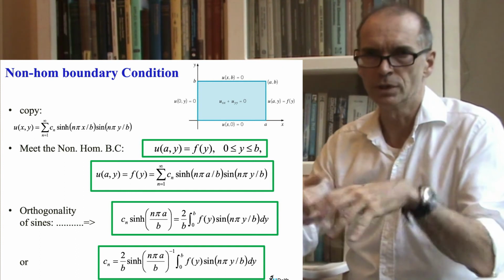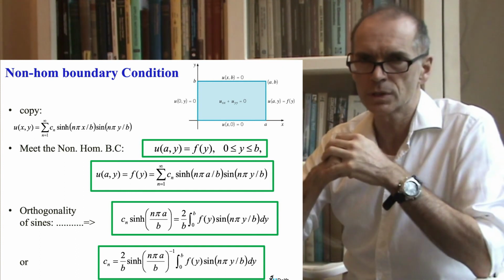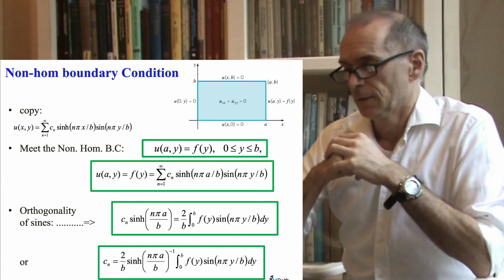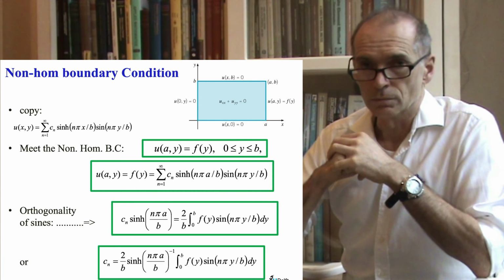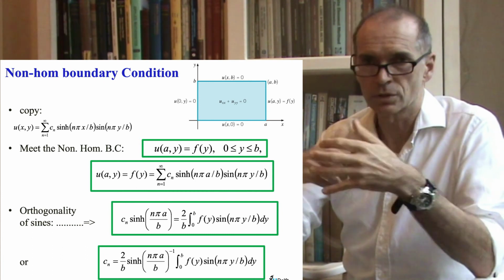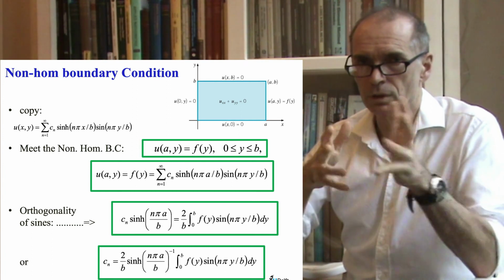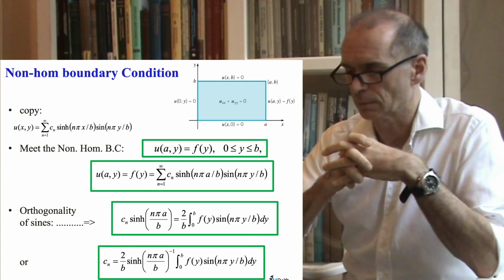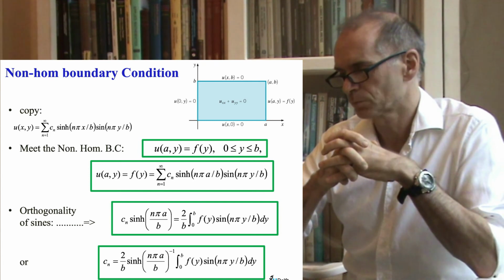So you see, it looks different, but the reasoning behind this procedure is exactly the same as that we had in earlier cases. You meet the sine series and you apply the orthogonality of the sines, and hence the idea of having an inner product and an orthogonal basis to calculate the coefficients by projection.